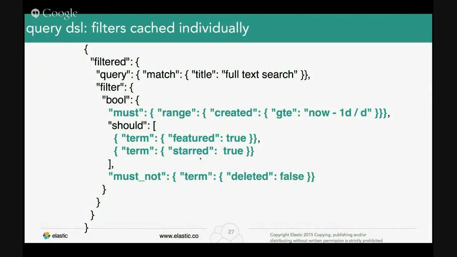So if you were to query that in a different way the next time, say for example you switch one of them out and added a different filter in there, then we've got three filters that we already cached, and there's a new one arrived, okay? It improves the reuse associated with caching by having these individual components. And you can change the order of them and have different queries coming in.